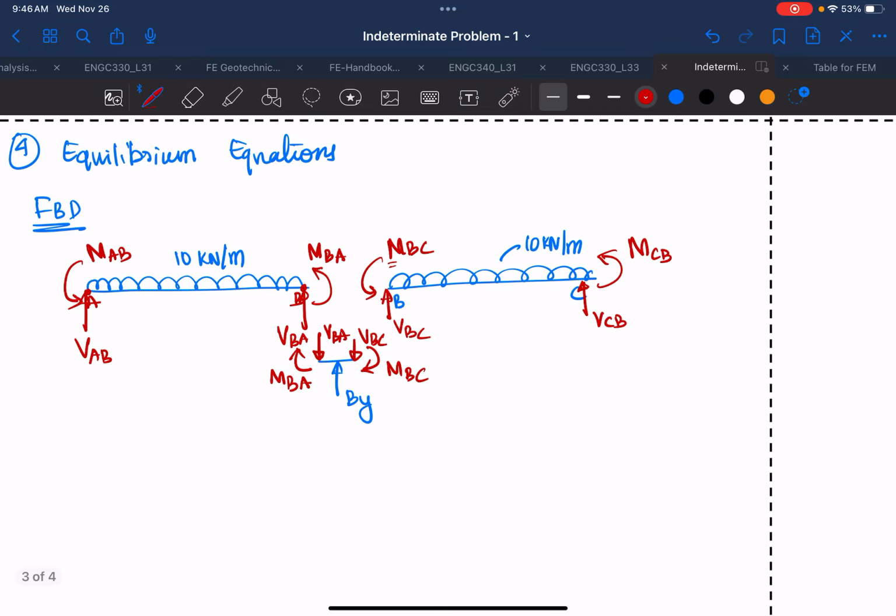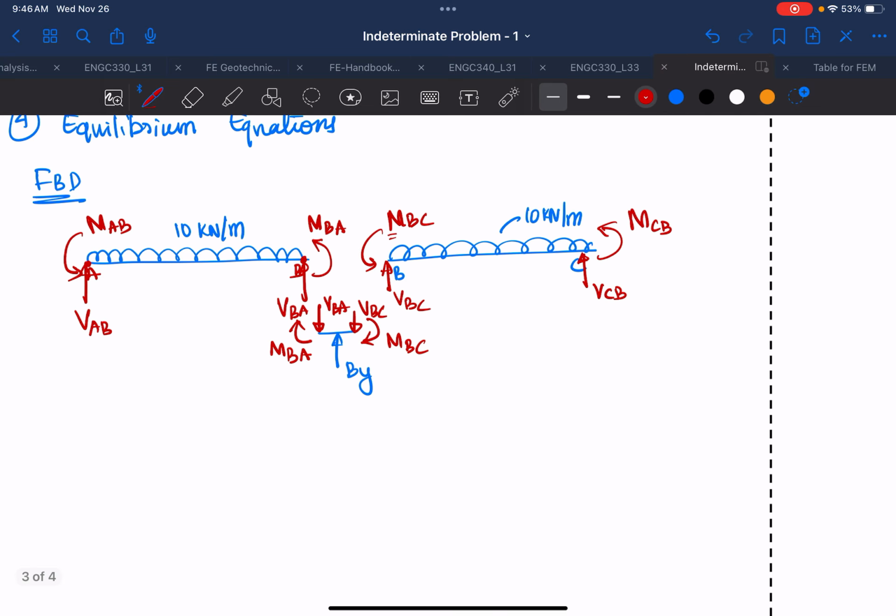And so from this slope deflection, you can finally see that your AY will be equal to VAB, and then your MA will be equal to MAB, because those are the connections. Similarly, you can say CY is equal to VCB. I'm going to write over here so that it's easy to remember.